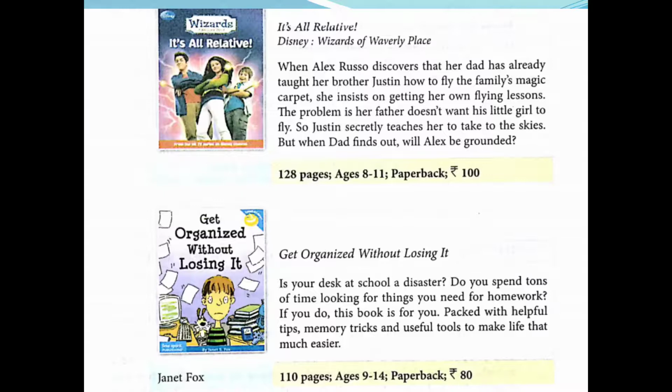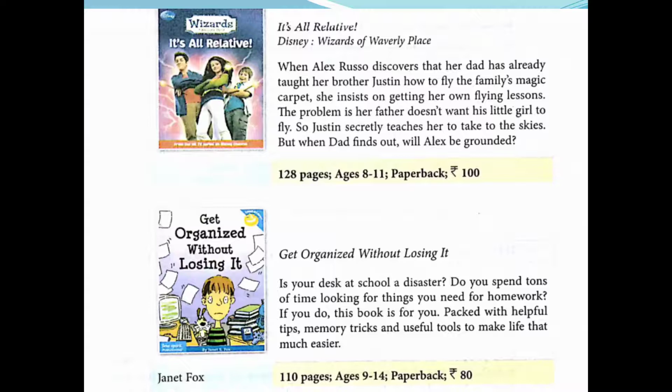Next is It's All Relative, a book of Disney series Wizards of Waverly Place. It's an interesting story of a brother and sister.